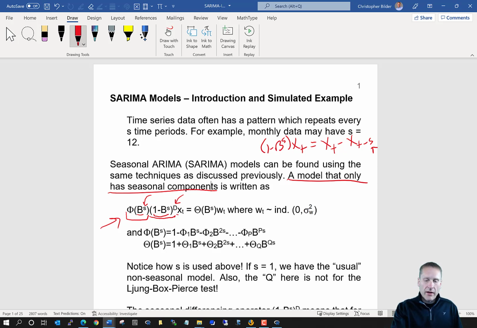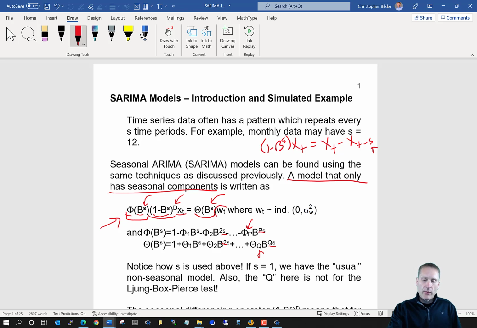So we take all this times x_t, and then we have the moving average operator, but notice now again we have B raised to the S power there. This moving average operator has an order of capital Q, and I should have said with respect to the AR operator, its order is capital P. Also take a look at the role that S plays in those operators.